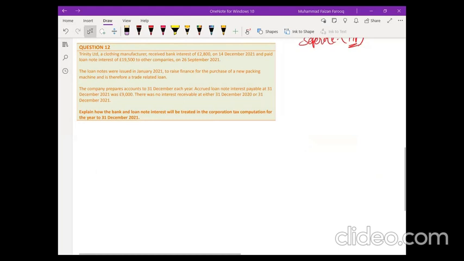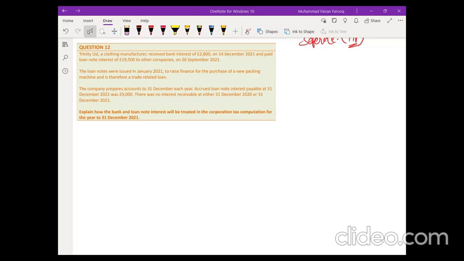Trinity Ltd, a clothing manufacturer, received bank interest of 2,800 pounds on 14 December 2021 and paid loan note interest of 19,500 pounds to other companies on 26 September 2021. The loan notes were issued in January 2021 to raise finance for the purchase of a new packaging machine and is therefore a trade-related loan.